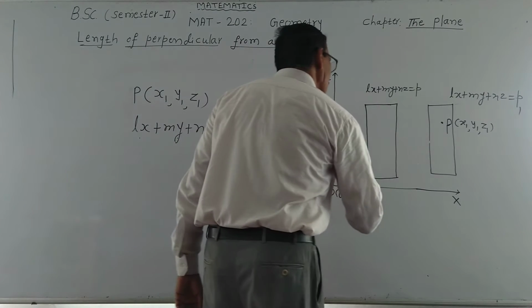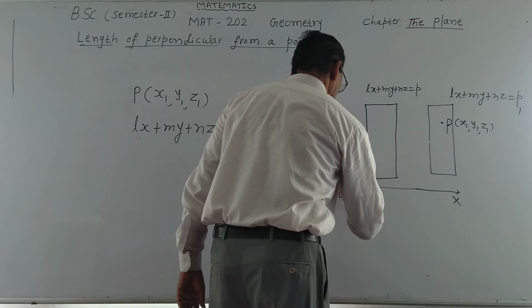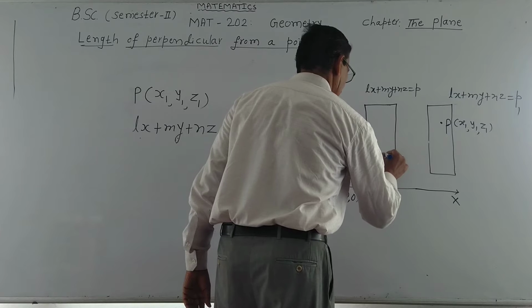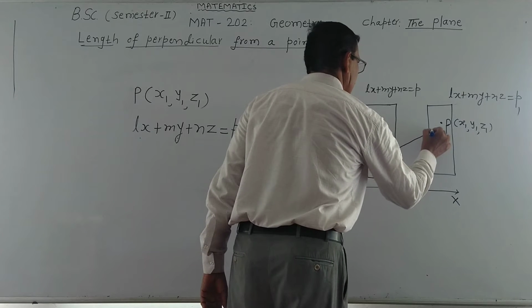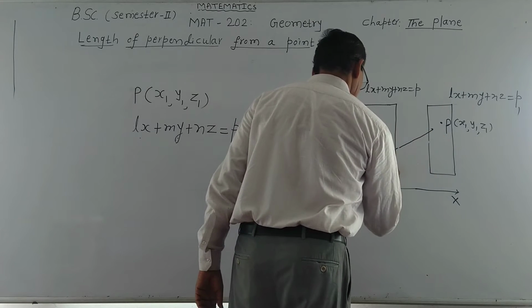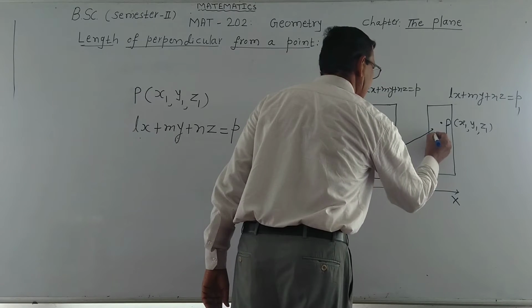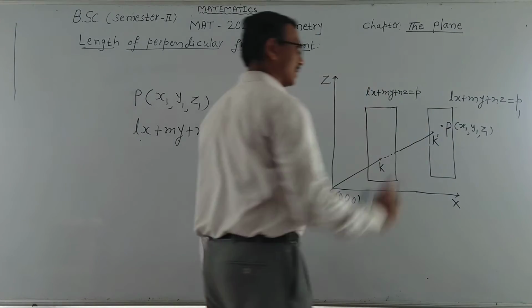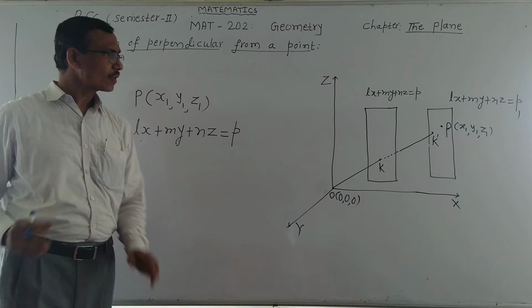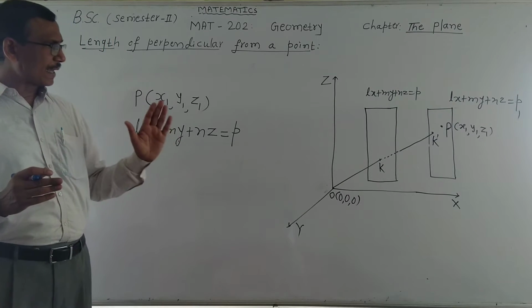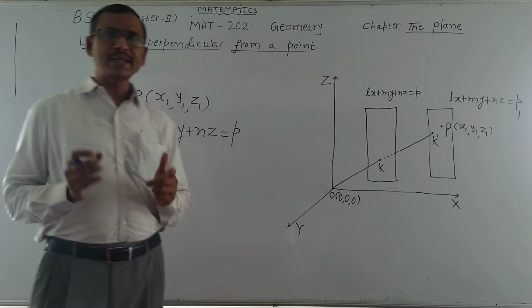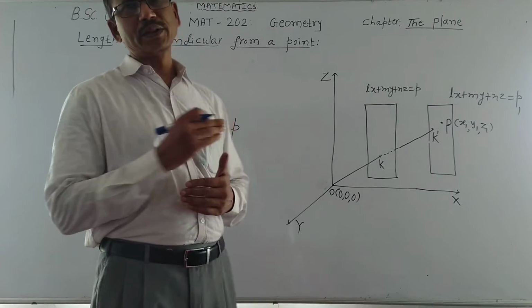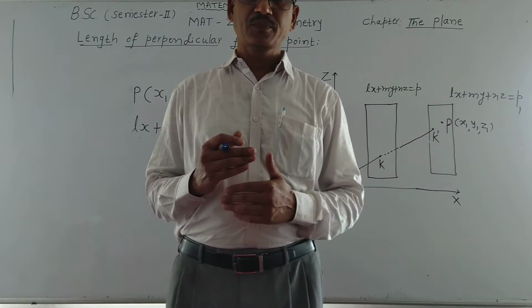Now draw the perpendicular, and suppose the points are K and K dash. OKK dash is a line perpendicular to both the planes.